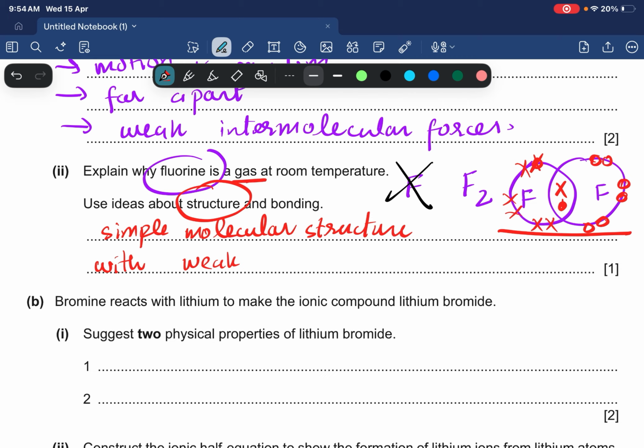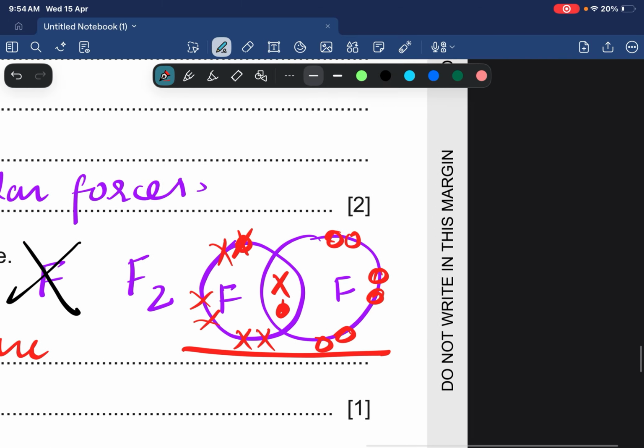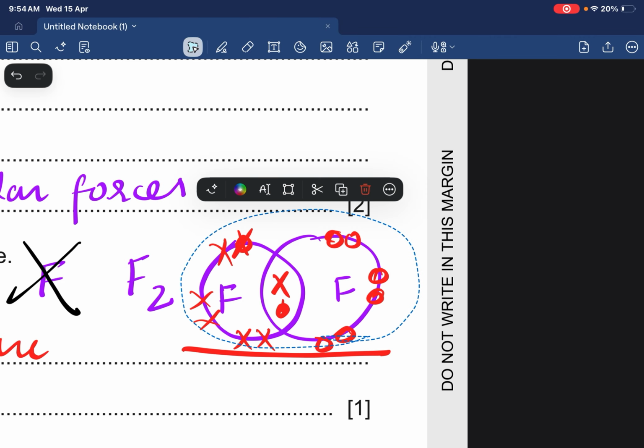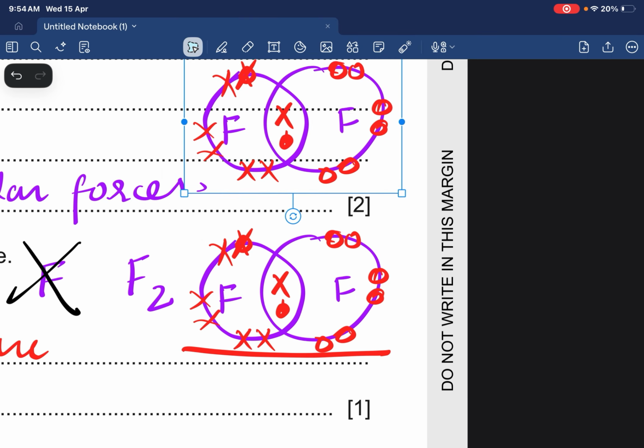That means it has weak intermolecular forces. Because why is something a gas? Because the particles are not tightly held together. That means there are weak forces. This is one fluorine molecule. Let me tell you, you're going to understand it, don't worry kiddos. This is your one fluorine molecule. This is another fluorine molecule.